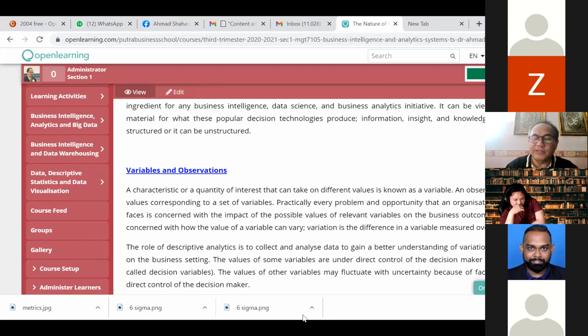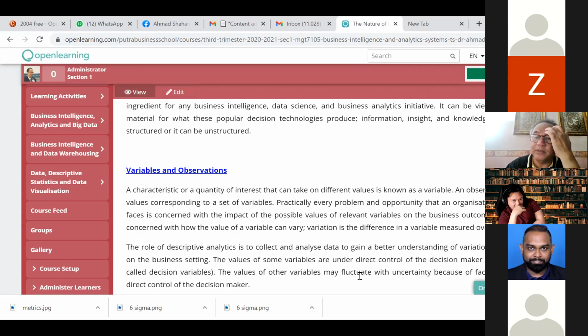Some variables are under the direct control of the decision maker. These are called decision variables, the variables that you can determine. The values of other variables can fluctuate and are not in your control. They fluctuate with uncertainty.